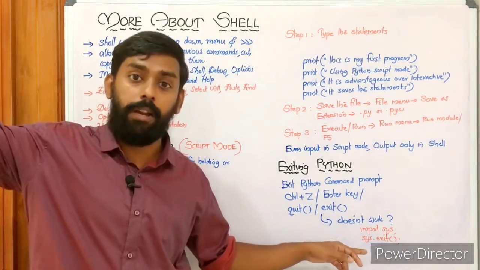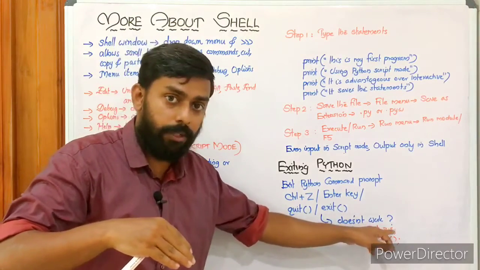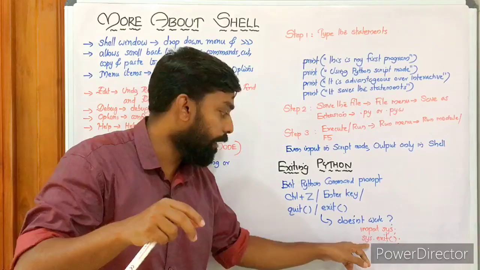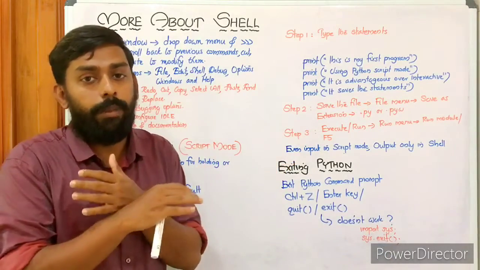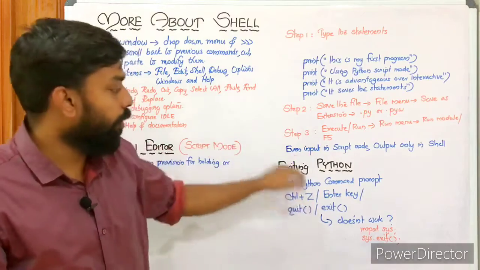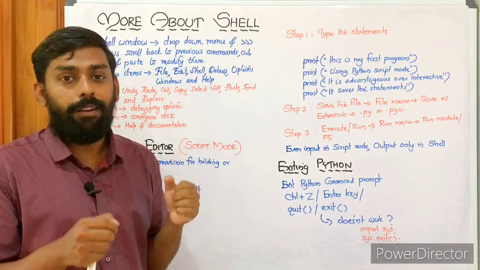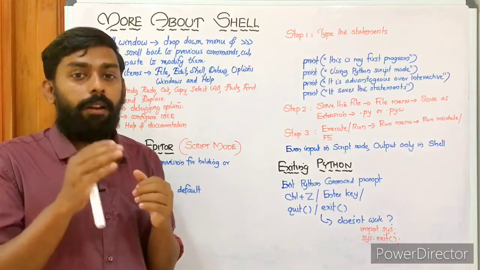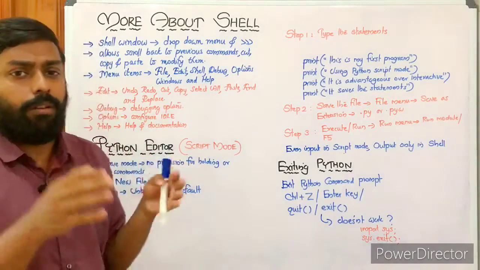Sys is defined somewhere else, so you have to bring it into the program. After import sys, using sys.exit, we exit out of the program. So these are the topics under our first chapter, getting started with Python. Let's have a super fast revision on these topics.